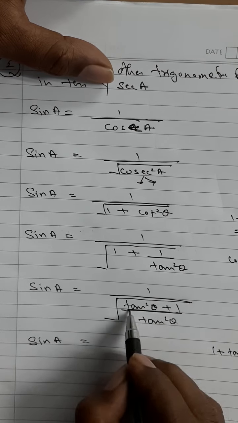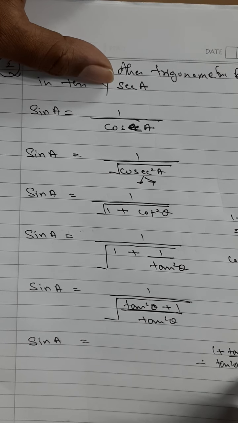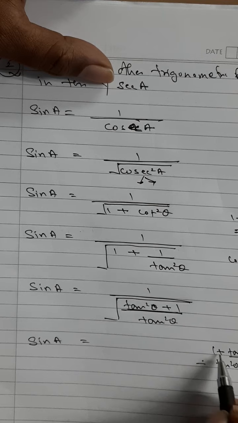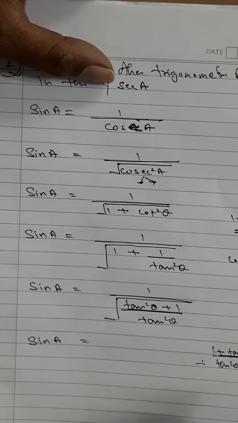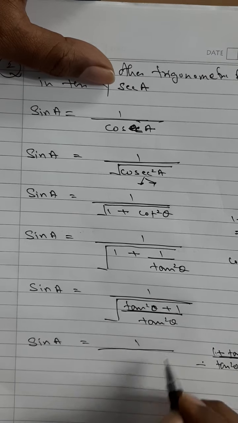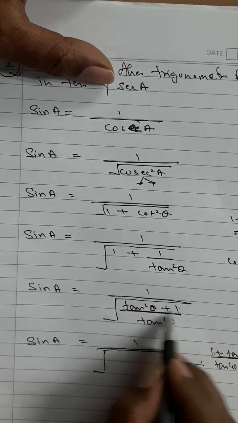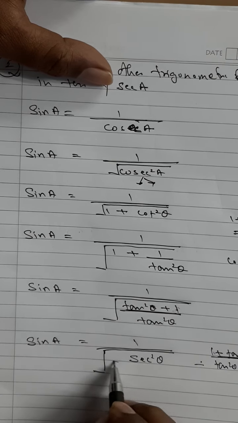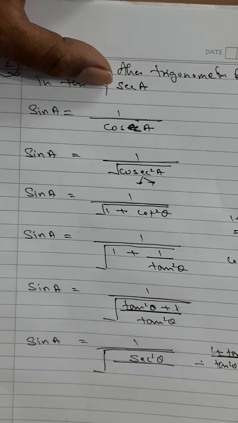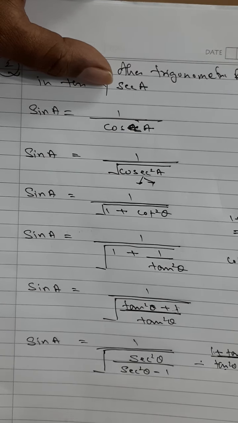So in place of 1 plus tan square theta I will write sec square theta, and tan square theta is equal to sec square theta minus 1. So in the numerator tan square theta plus 1 means sec square theta, and in the denominator I have only tan square theta, that will be equal to sec square theta minus 1.